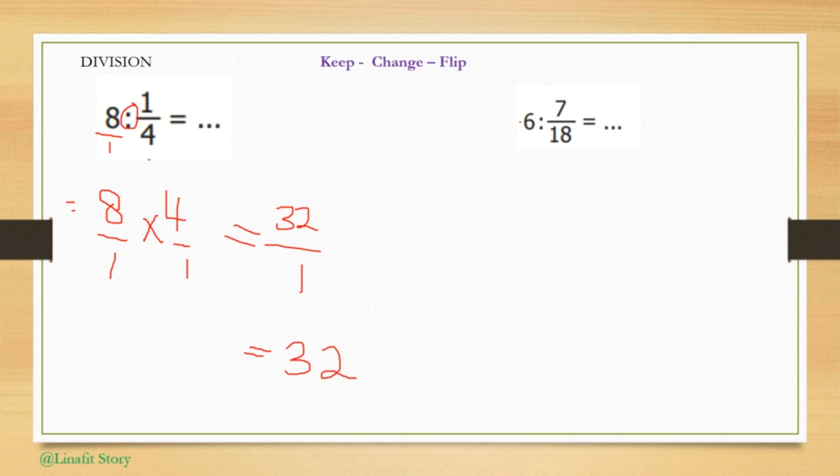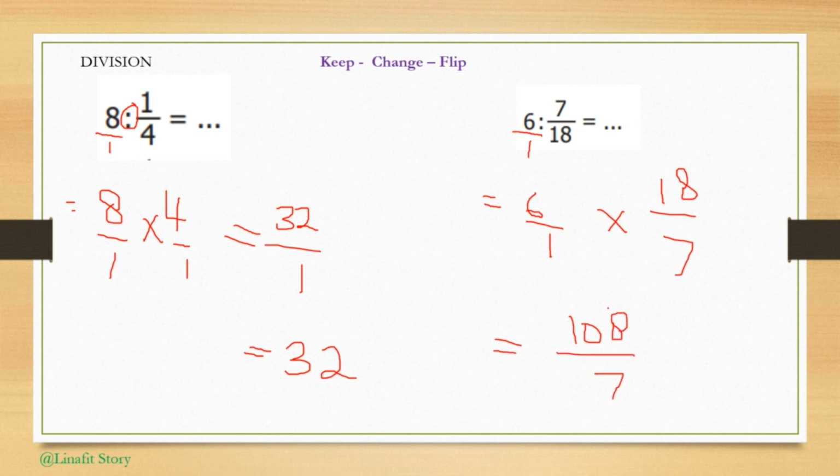6 divided by 7 out of 18. So convert 6 into a fraction. So 6 out of 1. Keep, change, flip. So 6 times 18 equals to 108. 1 times 7 equals to 7. So 108 out of 7 is an improper fraction. So you must convert it into a mixed number.